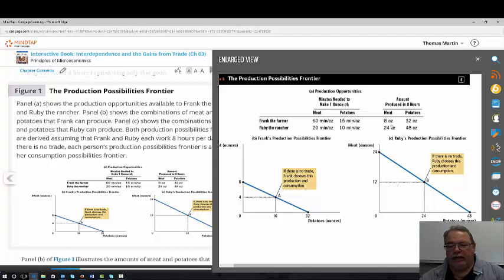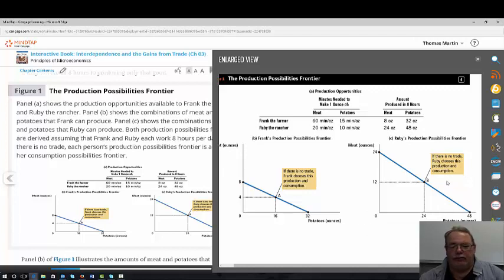But you see the gap between them is not as great on potatoes as it is on meat. So apparently Ruby is a much better rancher than Frank, and Frank is a better potato grower. So let's let Frank specialize in potatoes, and he can grow 32 ounces of potatoes.